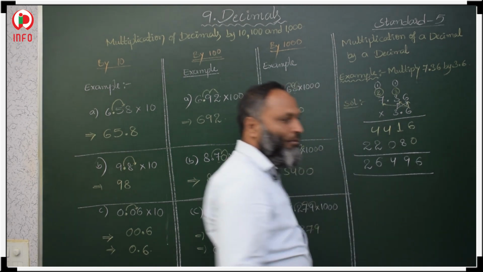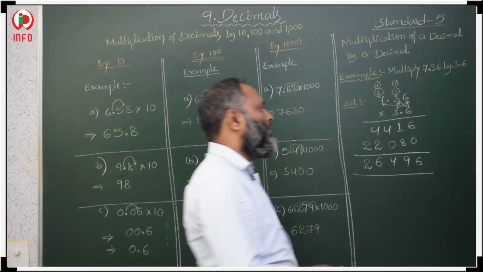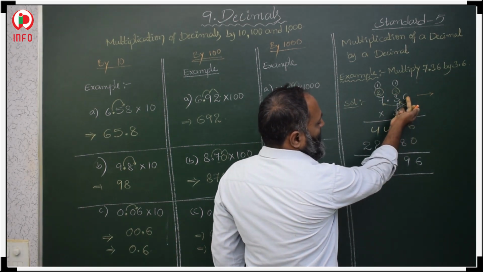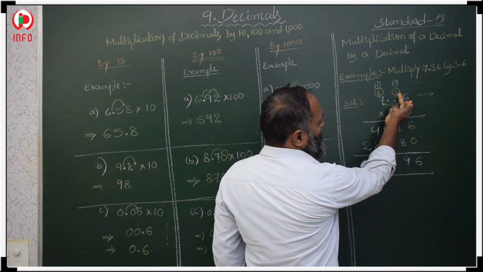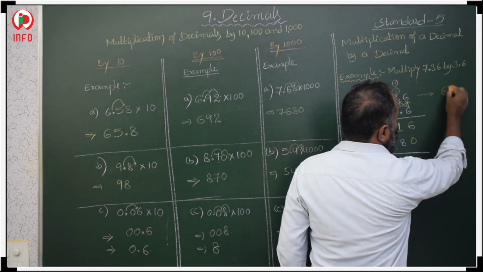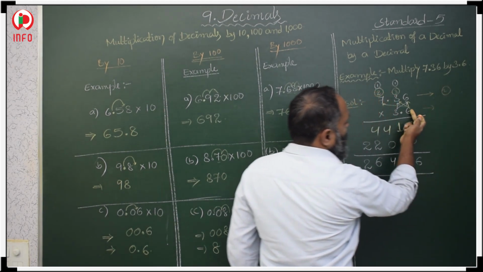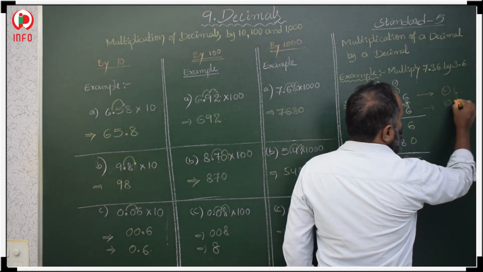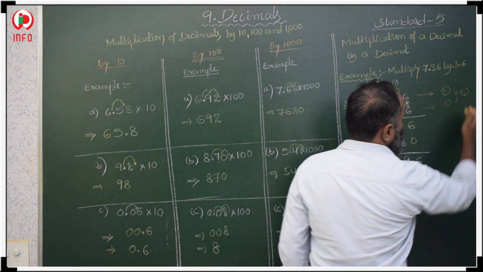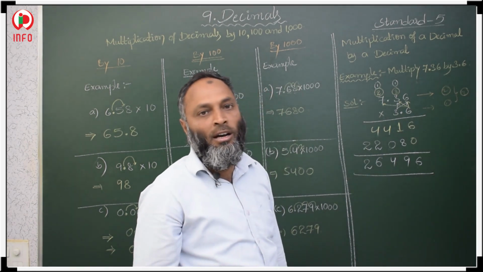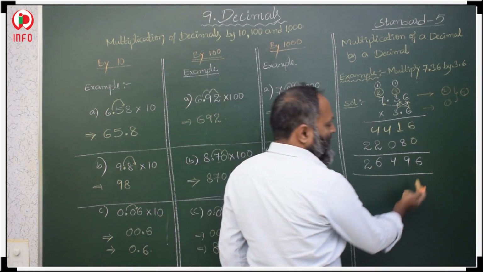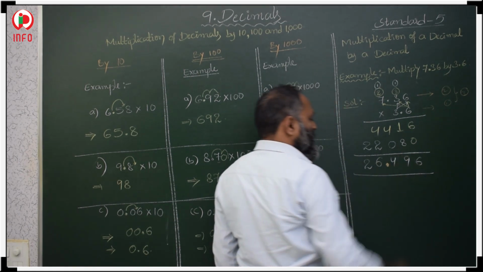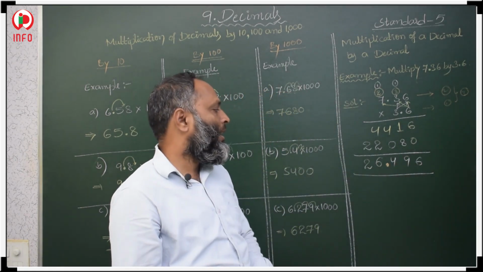Now we consider the decimal point. How? In the first number, from right to left, after 2 digits we have a decimal. In the second number, after 1 digit we have a decimal. Total 2 plus 1 is 3. It means in the product, after 3 digits from the right we have to keep the decimal, giving 26.496.